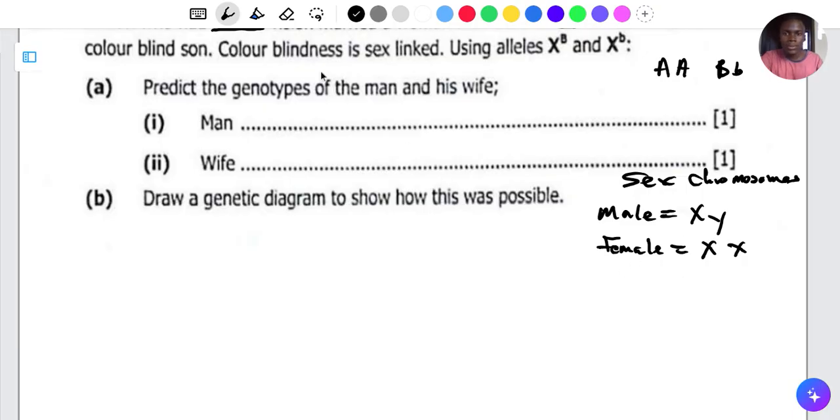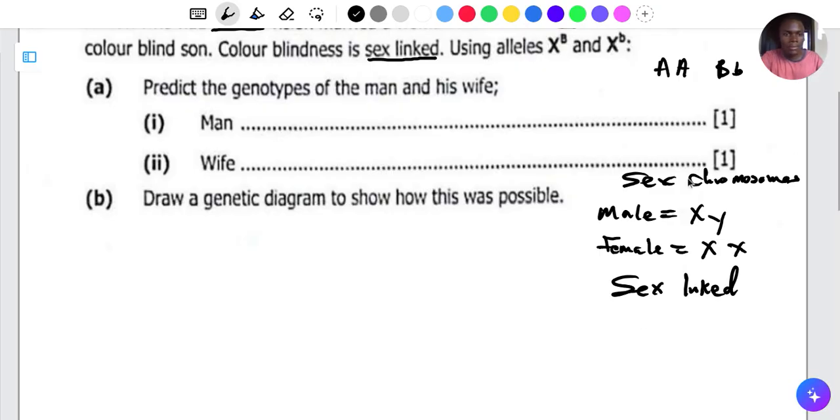Now when you talk of sex linked, this is coming from sex linked characteristics, like green color blindness, which is the one that we are talking about. For sex linked characteristics, you talk of the occurrence of a non-sex gene on the sex chromosome.